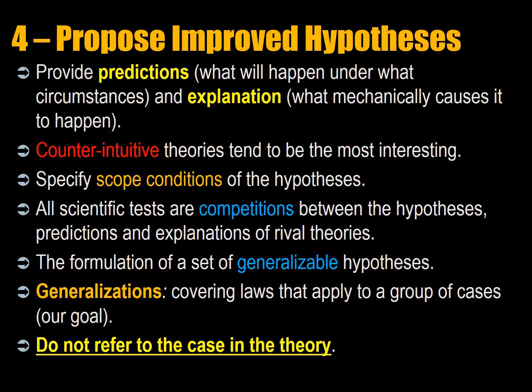And that is a circular argument, and that makes your scientific approach invalid. So don't do that. Never mention the case when you're developing your theory in section 4 or section 5.